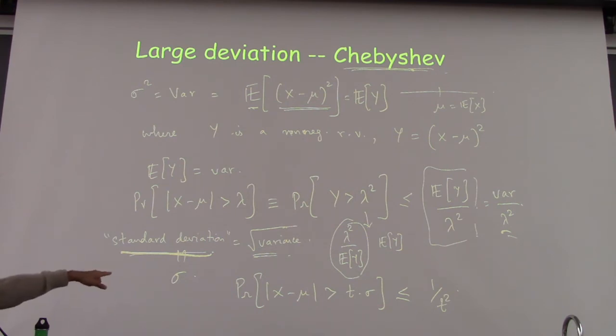And what this is saying is the likelihood that it deviates by more than t times sigma is actually pretty small. So intuitively it makes more sense. This again follows just by standard manipulations and plugging in the value of variance. So any questions about this?